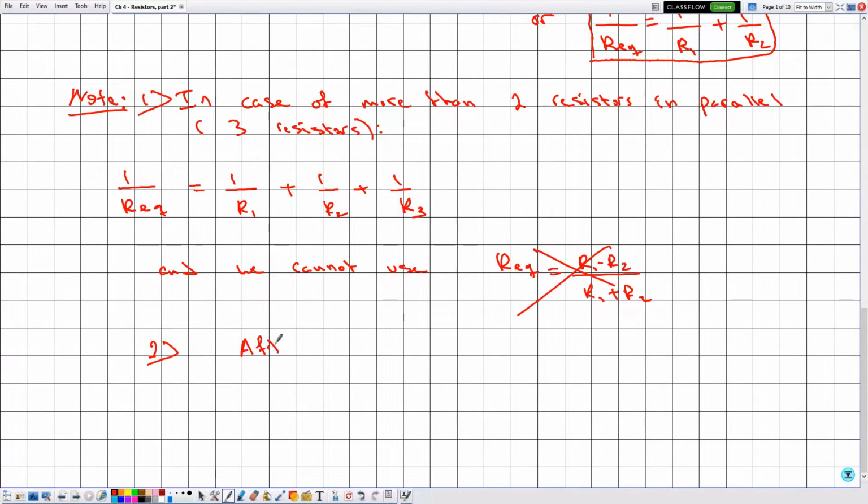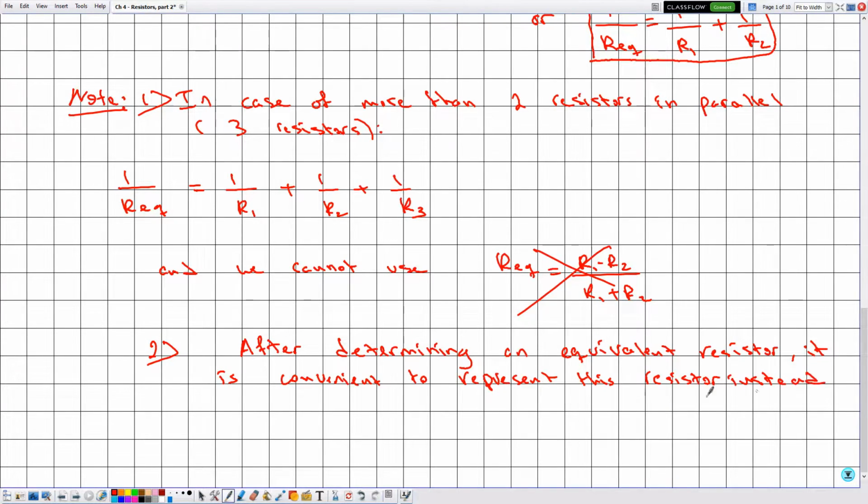After determining an equivalent resistance, an equivalent resistor, it is convenient to represent this resistor instead of the grouping itself.